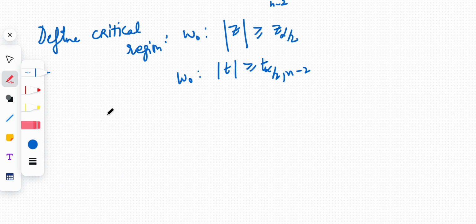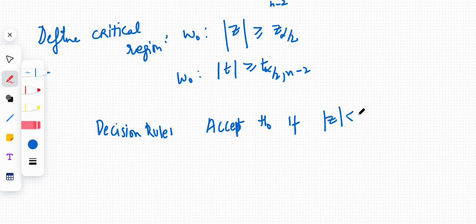And the decision rule will be: accept H naught if, reject H naught.